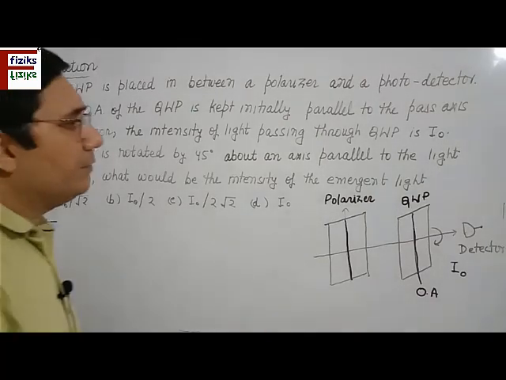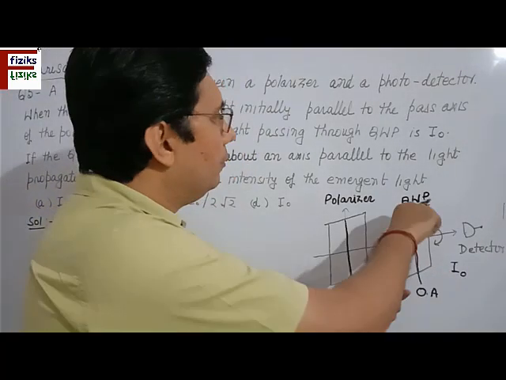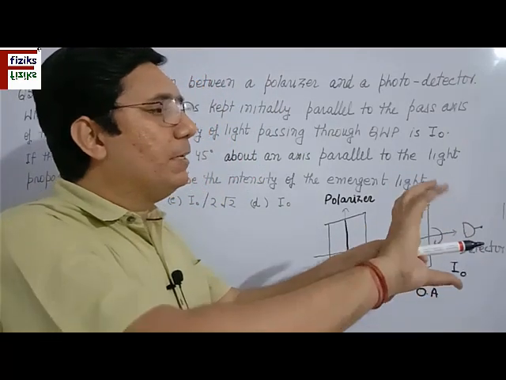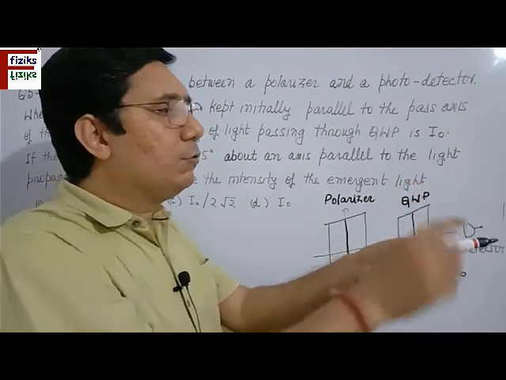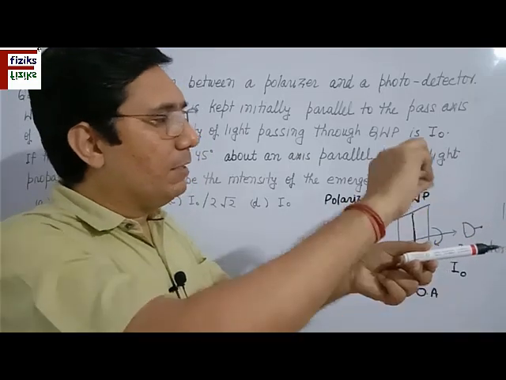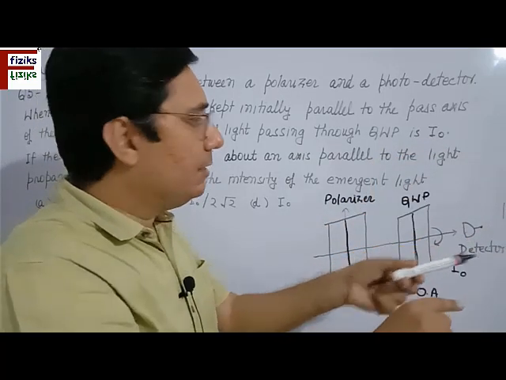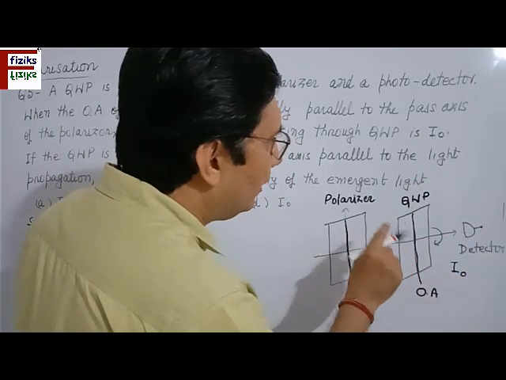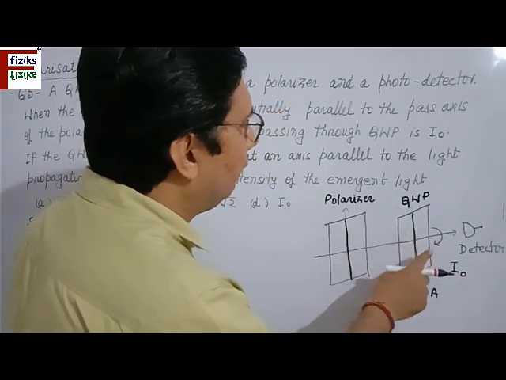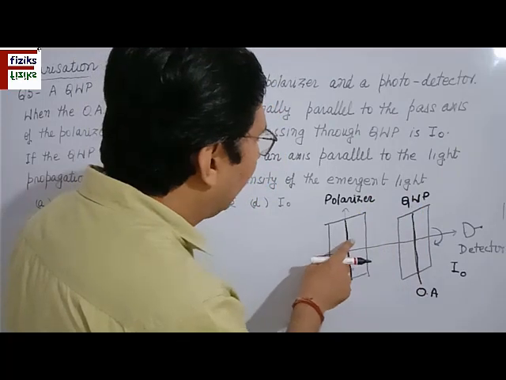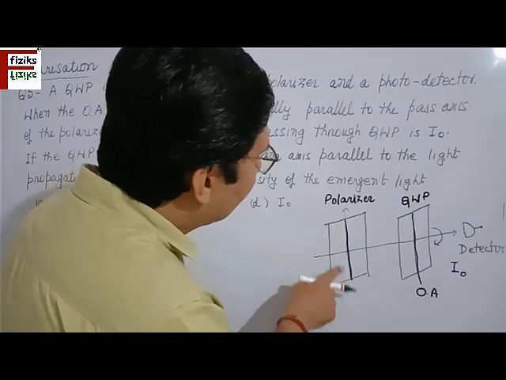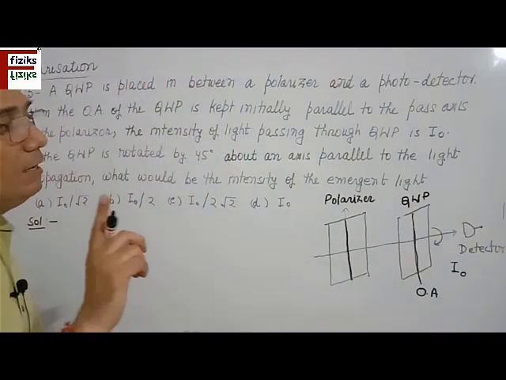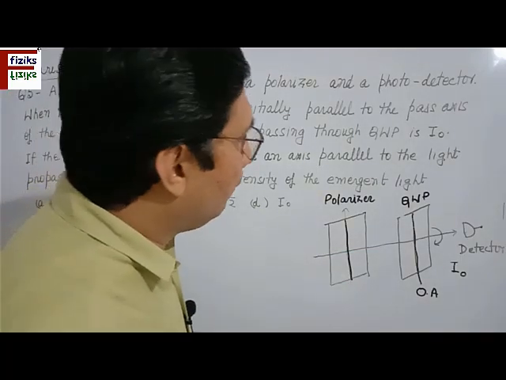So the initial intensity is I naught, and now the quarter wave plate is rotated about this axis by an angle of 45 degrees. So the angle between the pass axis of this polarizer and the optic axis of this quarter wave plate will now be equal to 45 degrees.